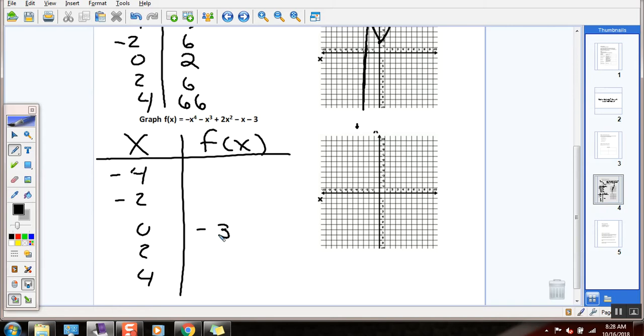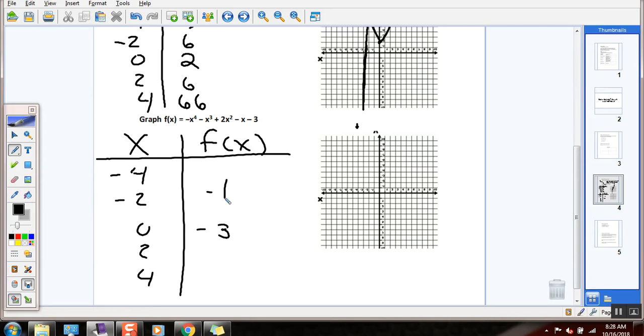-2 gives -8... I don't know if this is right, but I got -199 for 4. Let me think. Maddie, what would you do? Punch in -256 plus 64 plus 32 plus 4 minus 3. -159.